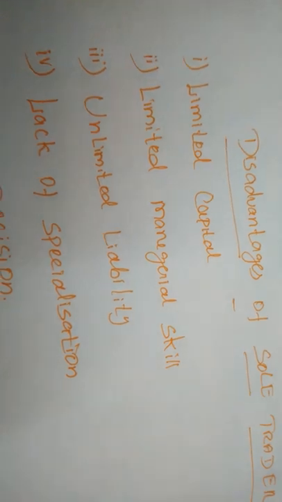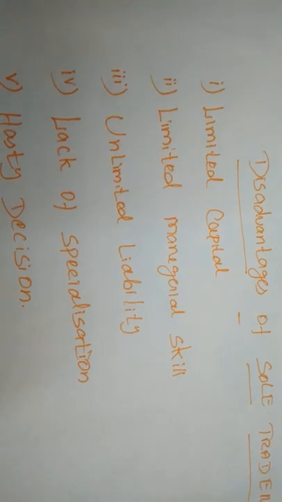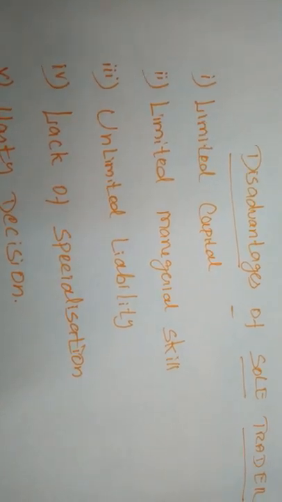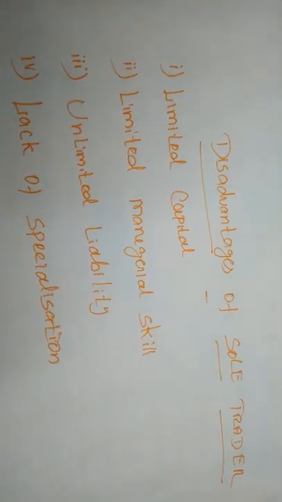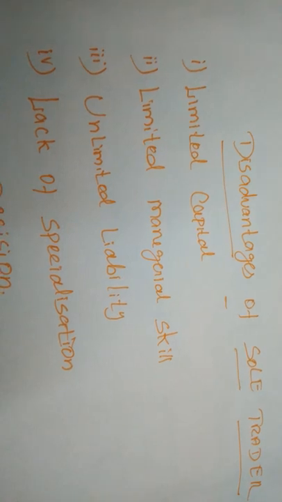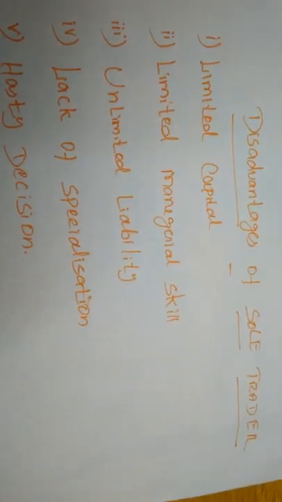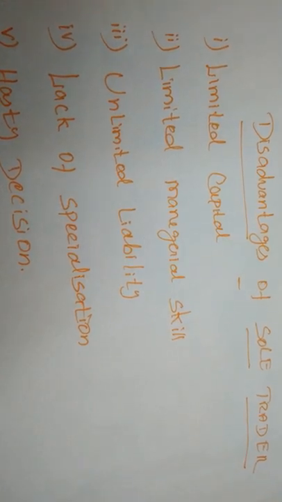But in sole trading organizations, only he has some limited or particular skill. The particular skill will not be helpful to extend and continue the business organization, because only one person is there, and he will use his skill only in a particular line.